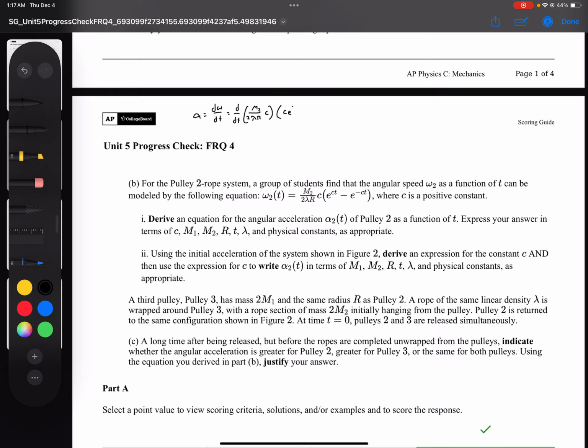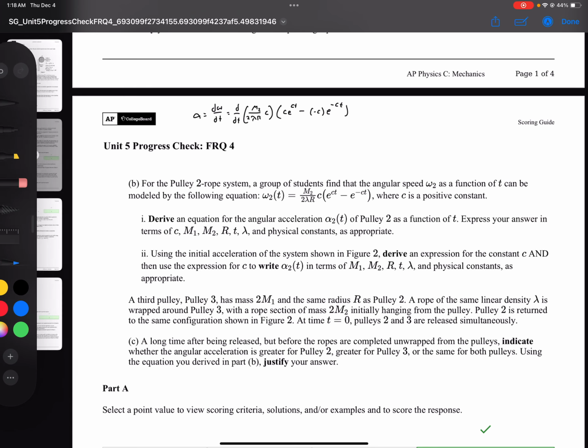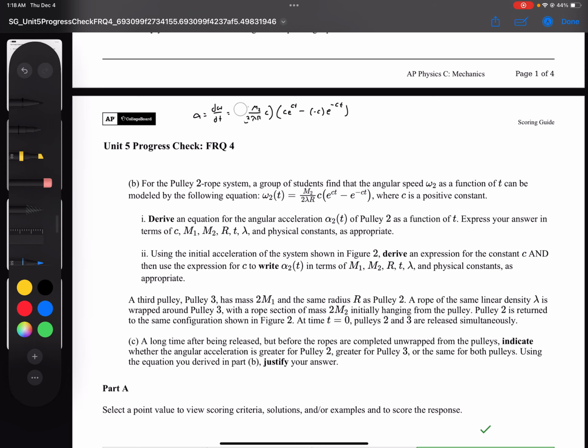So I have c e to the ct, and then here I have c e to the c times t minus negative c times e to negative c times t. Okay, so I have minus negative c. Whoops. I wrote this here. All right, so I already started taking the derivative at this point.